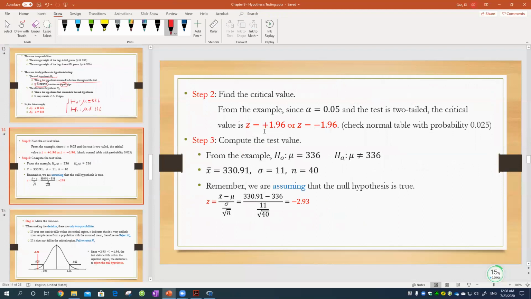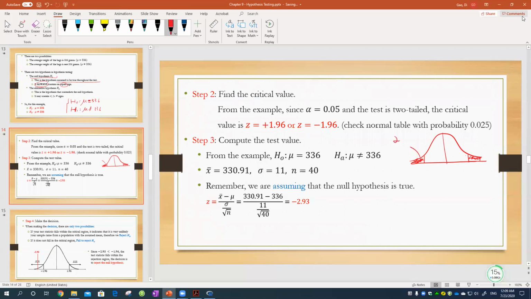And step 2, we want to find the critical value. So from the example, since alpha equals 0.05 and the test is two-tailed, the critical value is positive 1.96 or negative 1.96. So why do we say that? Two-tailed or two-sided test means your alpha will be equally distributed to two sides.